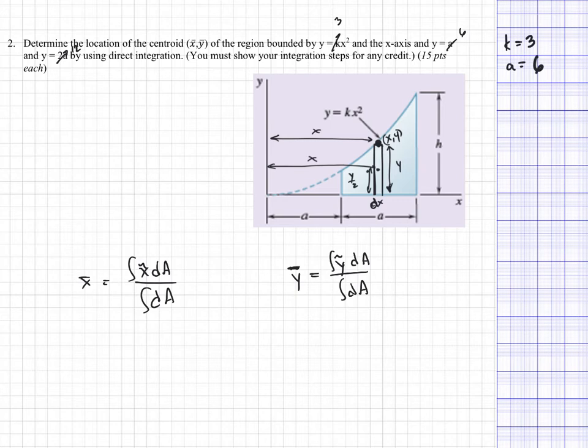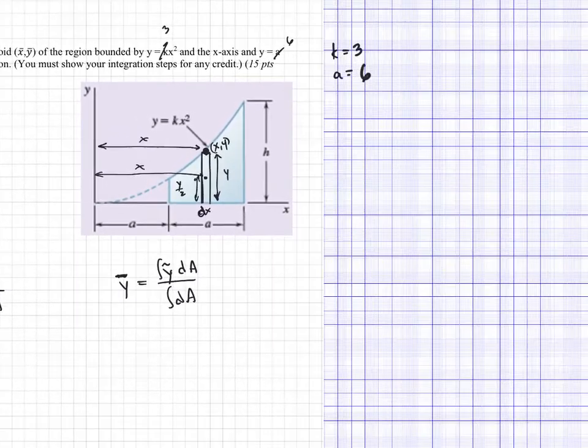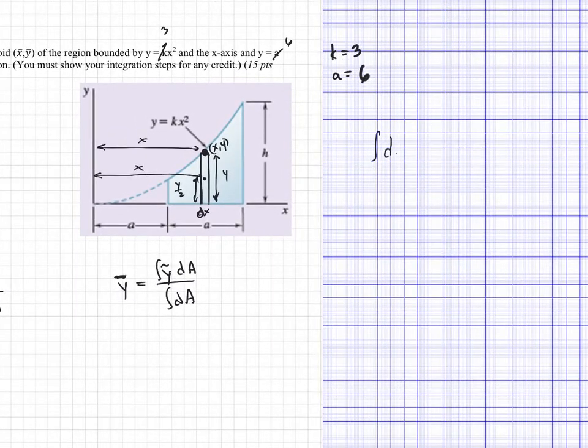Maybe the first thing I'm going to do, just to make my life easier, is go ahead and solve for dA over here, the integral of dA, so I don't have to do this twice. So the area equals the integral. Let's see, what's the area of this thing? It's length times width, so it's y dx, right? And we know y equals kx squared.